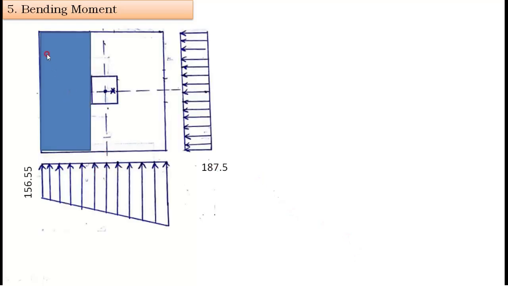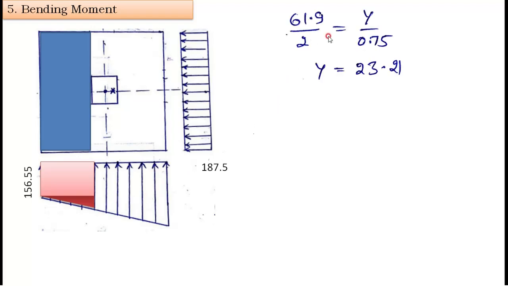And in the third portion here, I can see again one small rectangle and one triangle. Here I don't know the value of this one, therefore I have to interpolate here, considering this portion as y. This I know. Okay, this portion y, and consider the big triangle here, y equal to 23.21.